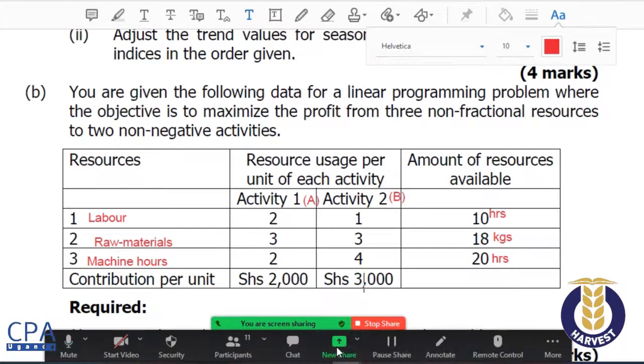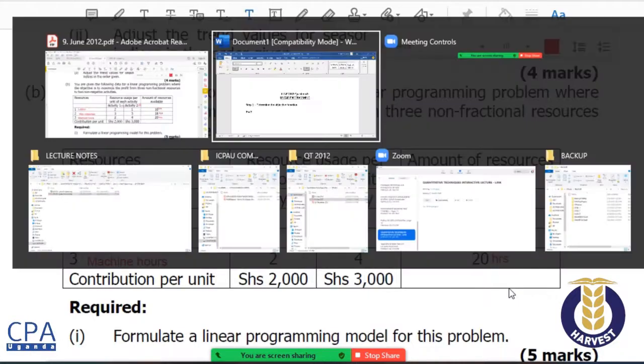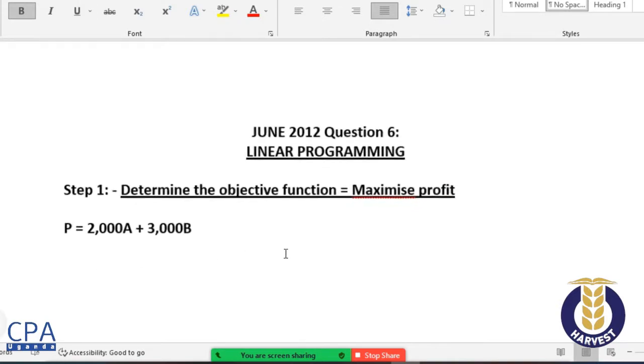So I'm representing activity 1 as A and activity 2 as B. So that is 2,000A plus 3,000B, which is the objective function. So the objective function is to maximize profit. Contribution is a version of profit. So that is our objective function.